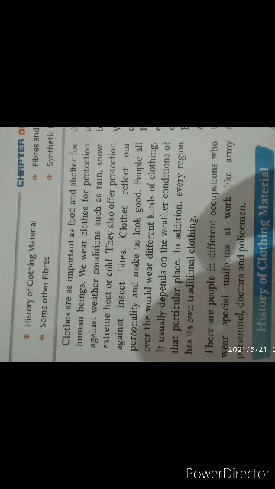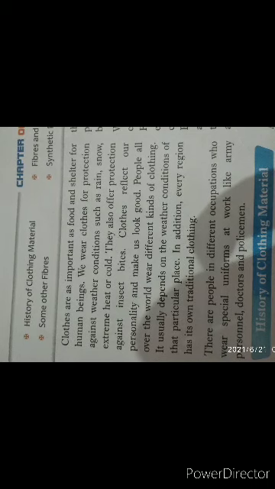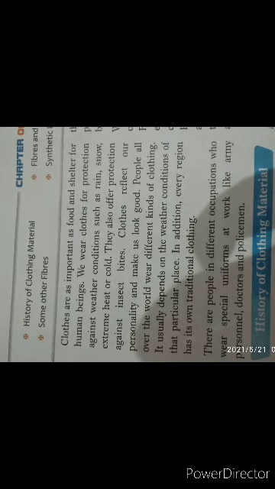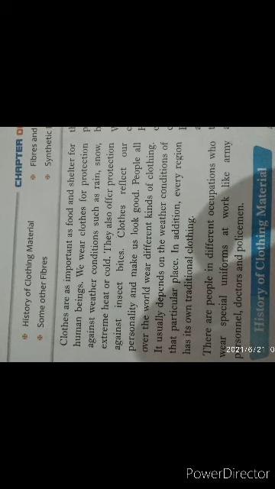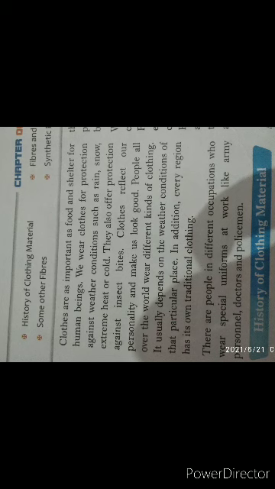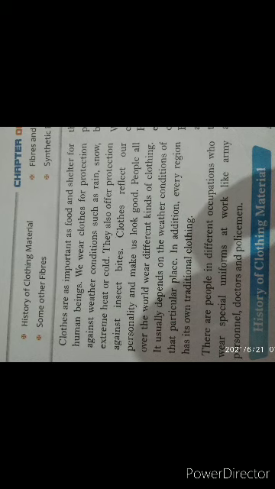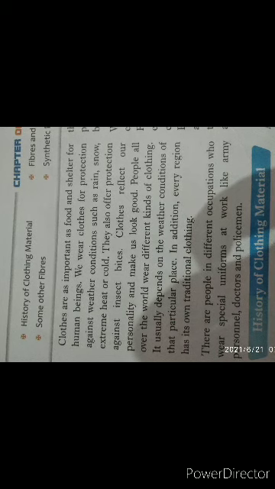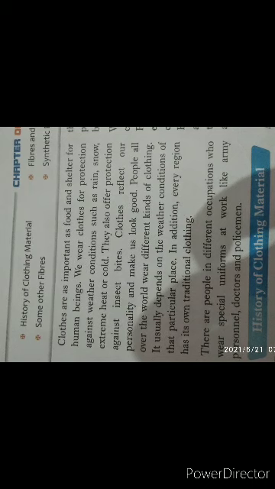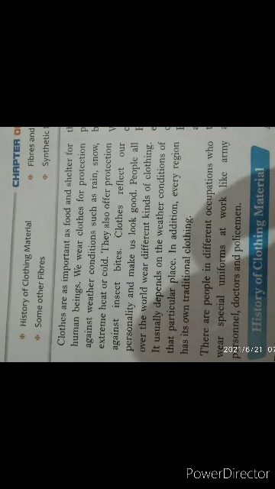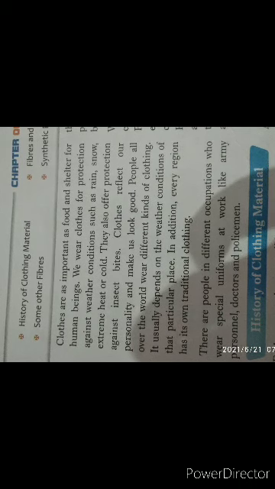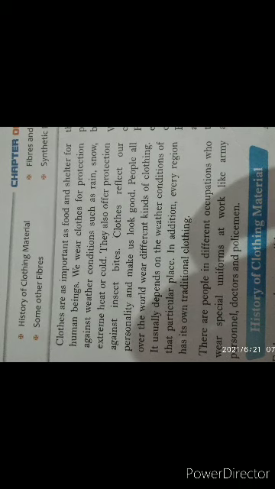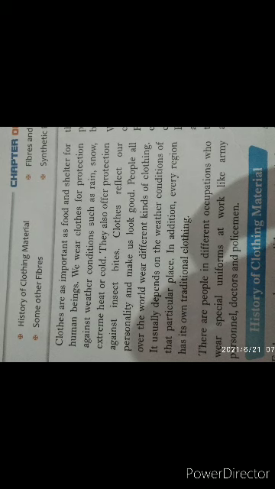Clothes are as important as food and shelter for human beings. Just like food and our house, shelter, clothes are also very important in our life. We wear clothes for protection against weather conditions such as rain, snow, extreme heat, or cold. In different climates, we wear different types of clothes, you know that.